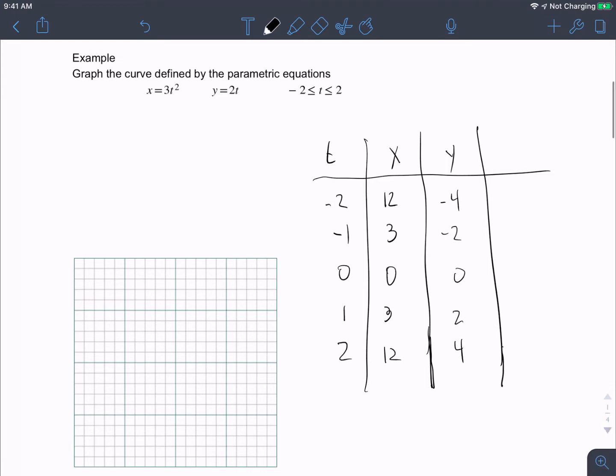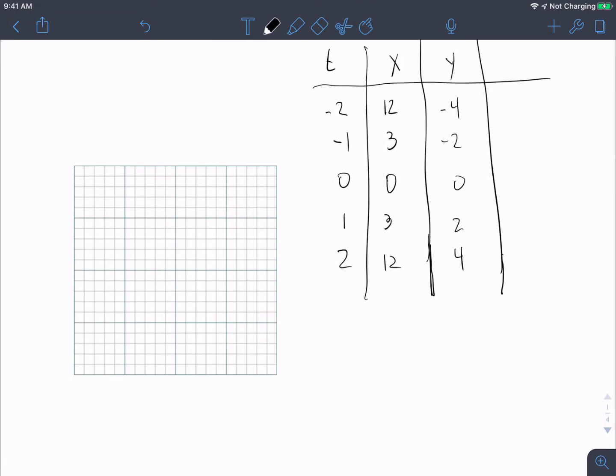Now when I go to plot this, we're going to be in x and y. In fact, what I probably should do is move my y over even further. Let me move y over one spot. So this is 0, 0.